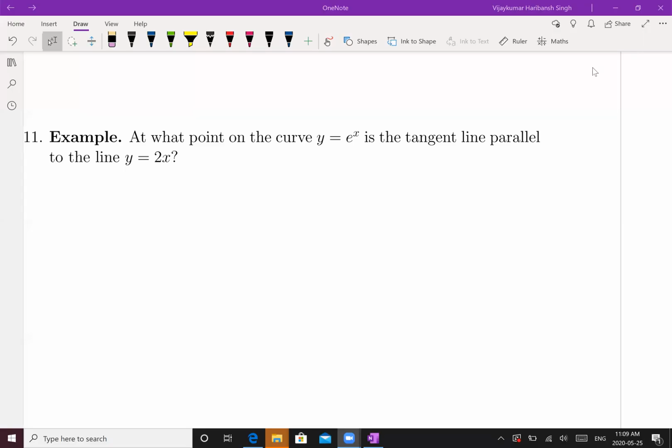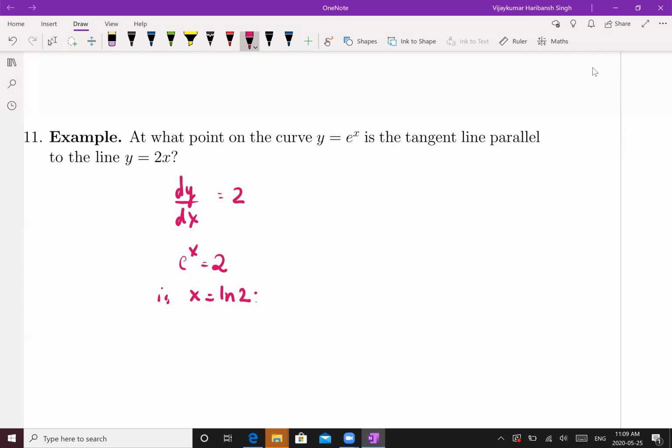So we need dy/dx. At what point is this equal to 2? Parallel means same slope, so it's equal to 2. But dy/dx is the same as e to the x. So e to the x is 2. That is when x equals ln 2. So when x equals ln 2, you will see that the tangent to y equals e to the x is parallel.